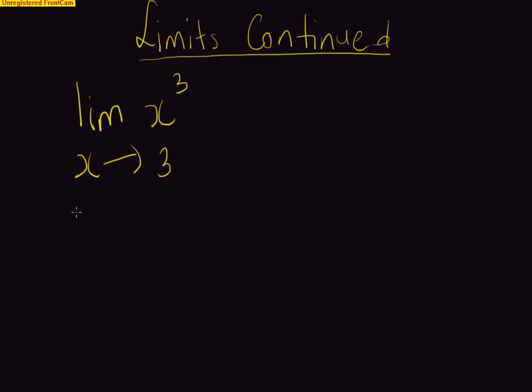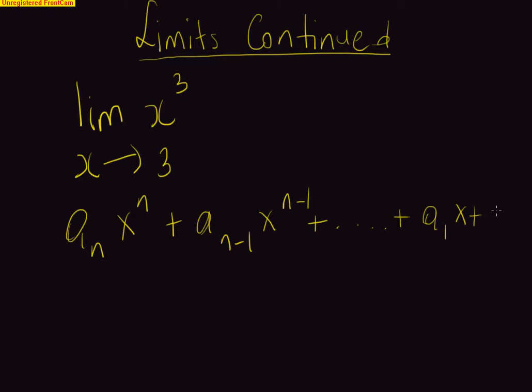So if we think about what a polynomial is, it will be in this form where we have a_n x to the n plus a_(n-1) x to the n minus 1 plus and so on, plus a1 x plus, of course, x to the 0 is 1, so it's going to be a0, which is a constant. So this is a polynomial. Any function that takes this form of a polynomial would be continuous.